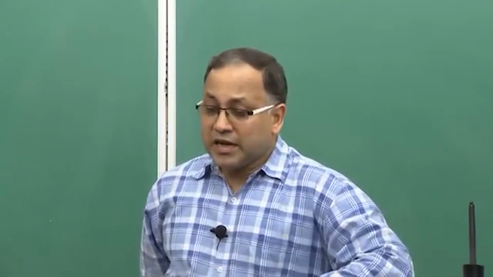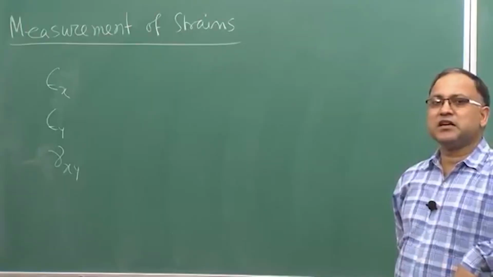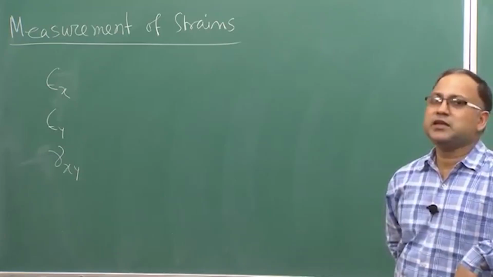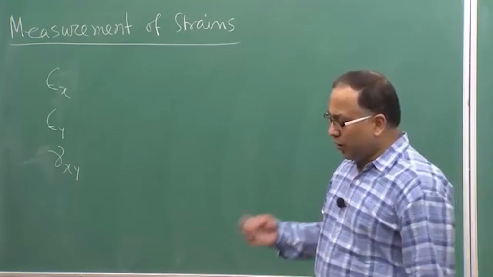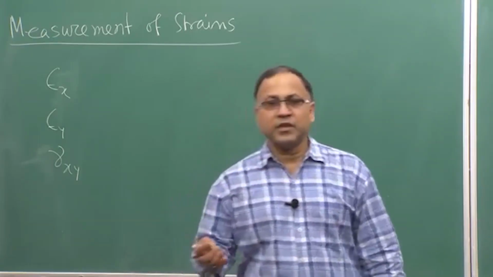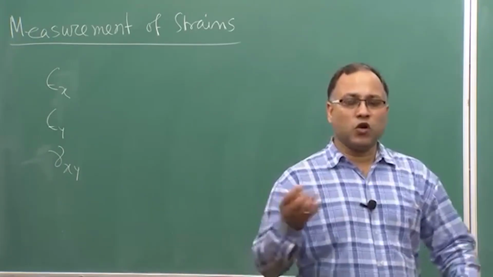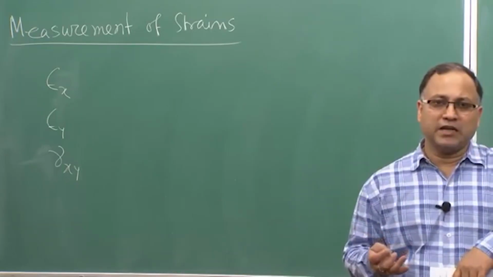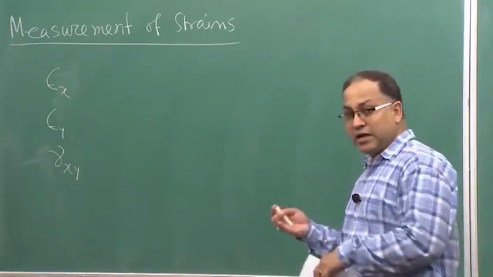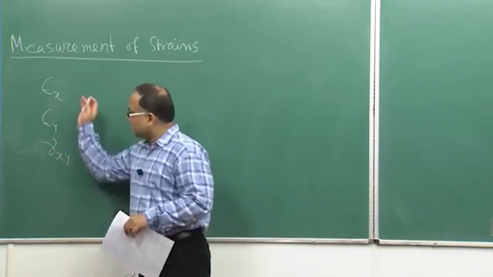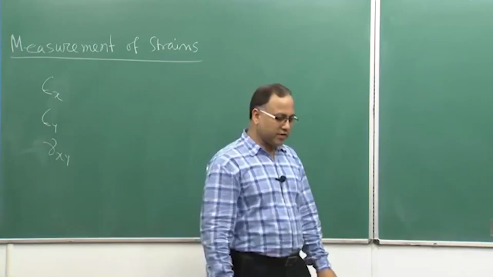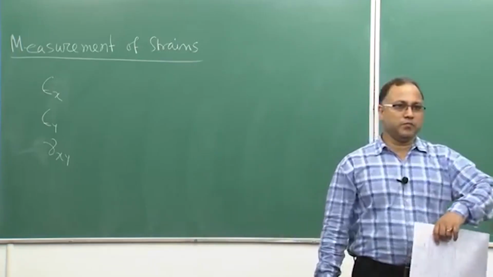But the strain gauge generally measures only the normal strain, it cannot measure the shear strain. So we measure normal strains, and from there we can find these three unknown components epsilon x, epsilon y and gamma xy.